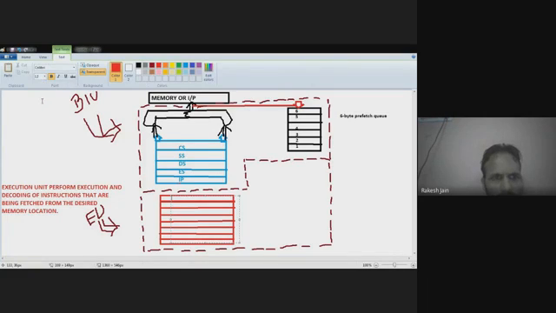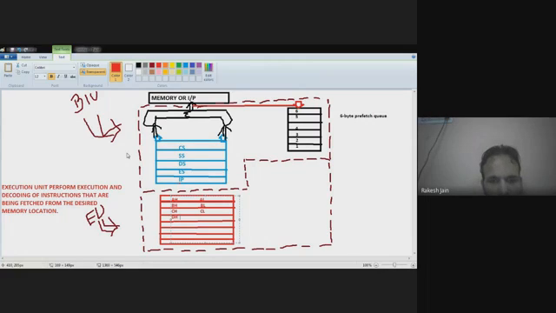See very carefully. AH and AL is the lower part. CH and CL, BH and BL. H for the higher byte and L for the lower byte.